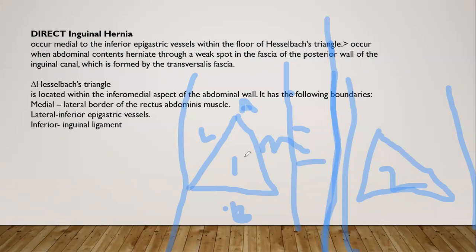This triangle is the potential weakness for the direct inguinal hernia. So a direct inguinal hernia can happen through it. That is why this type of hernia is medial to the epigastric vessels, which form the lateral aspect of the triangle. I hope that is clear because we have to know this as well.